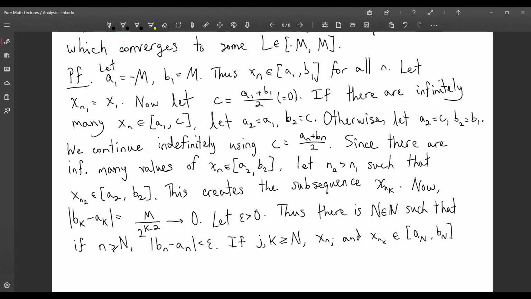because we know that both of these are going to be contained in a sub j to b sub j and a sub k to b sub k, and since those indices are bigger than or equal to big N, we know that those intervals are contained in each other, right?